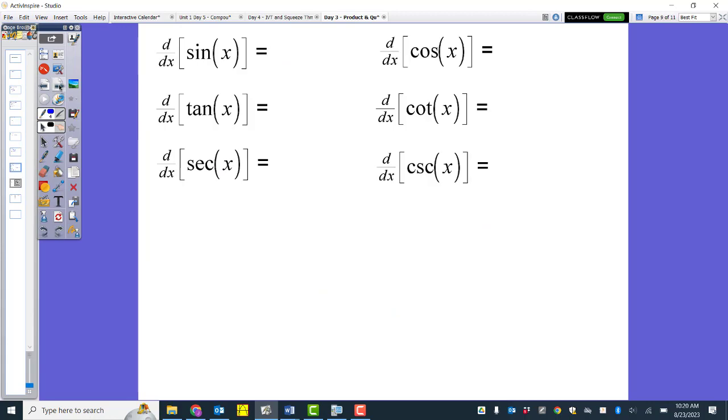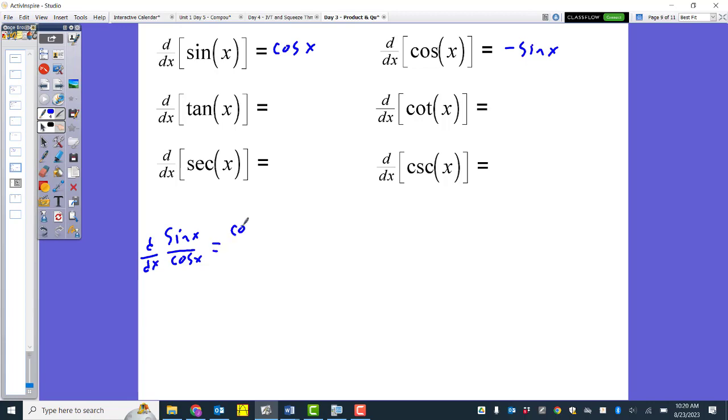Now, the other thing quotient rule lets us do is now we can find the derivative of all these trig functions. So sine we've already got, that's cosine. Cosine we've already got, that's negative sine. Tangent we can find by changing it into sine over cosine and doing the derivative of that.